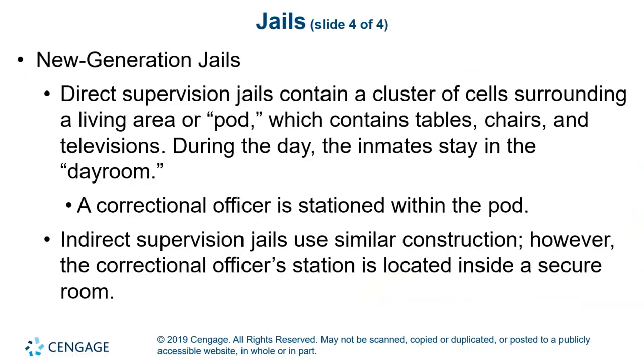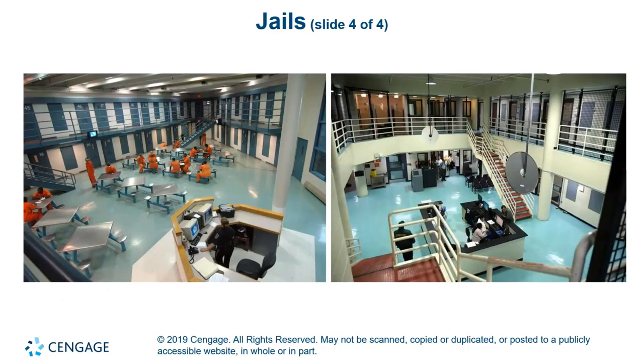Going back, an indirect supervision jail uses similar construction. However, the correctional officer station is located inside of a secure room. Microphones and speakers inside the living unit permit the officer to hear and communicate with the inmates. When we go back to the photos, this would be the new generation direct, right?